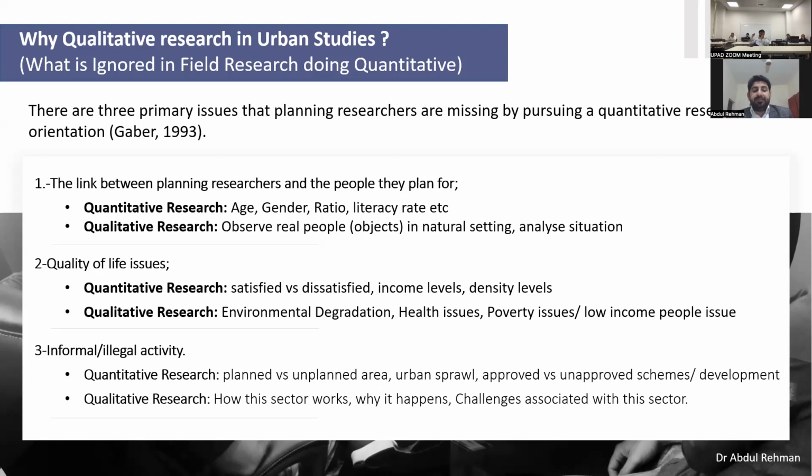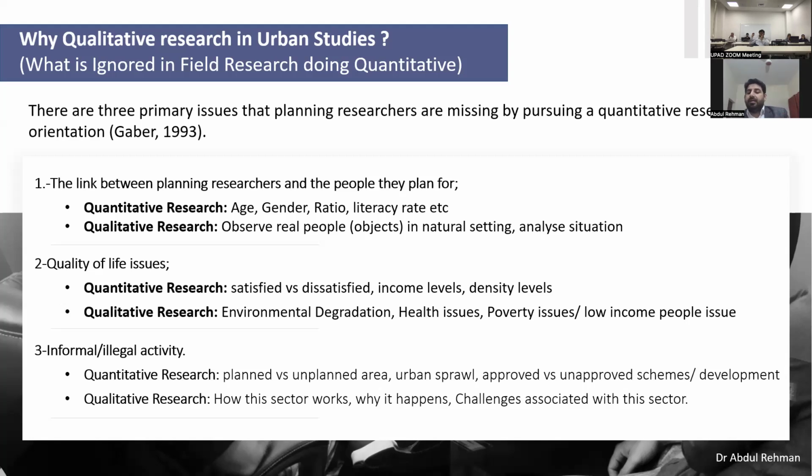At the third point, informal and illegal activity. For example, in quantitative research: planned versus unplanned area, 60% planned, 40% unplanned. Urban sprawl, 70% of the area is urban sprawl. Approved housing schemes: out of 100, 10 schemes are unapproved, 90 schemes are approved. But what is missing in this? We would get these answers through qualitative research.